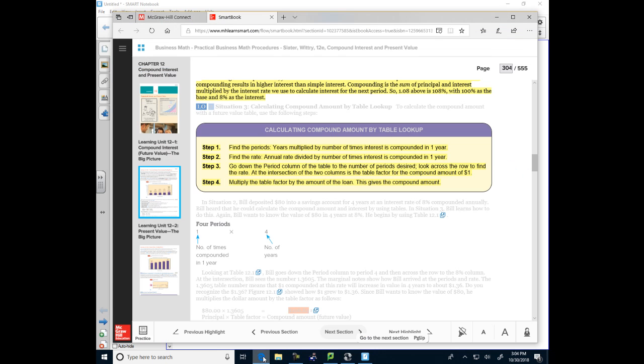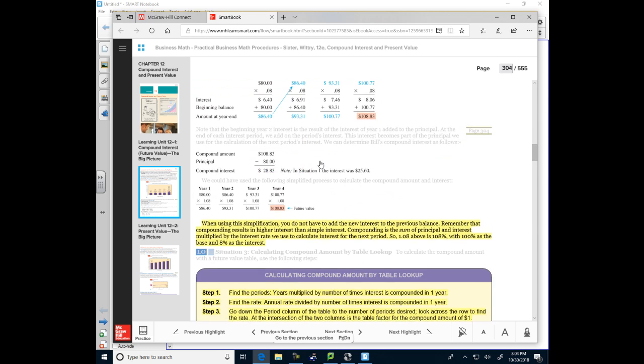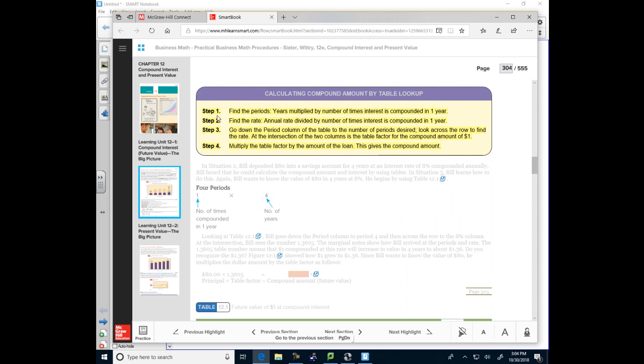So let's go back over here. This is on page 304. Make a note here. This is how we're going to do this. And this is future value. Here are the steps you follow. Step 1, find the periods. This is going to be the number of years multiplied by the number of times the interest is compounded in a year.